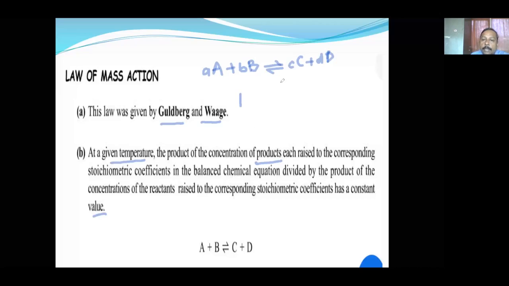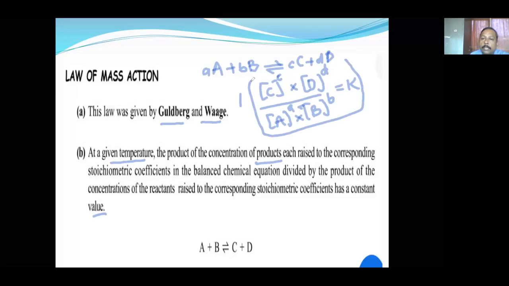Product means multiplication. This is applicable for the equilibrium state only. Now let's see the next slide.